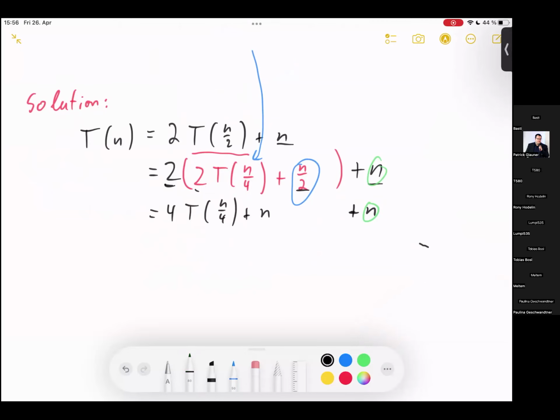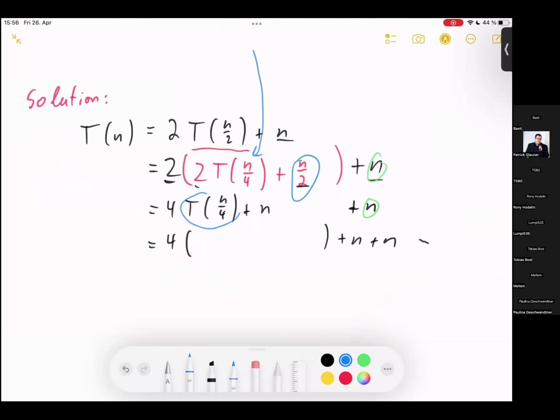Now we can apply, because we need to find a pattern in this, we can apply the recurrence relation again to itself. And then this is 4 times, this time, for this one, so it's this time 2 times T of n divided by 8.